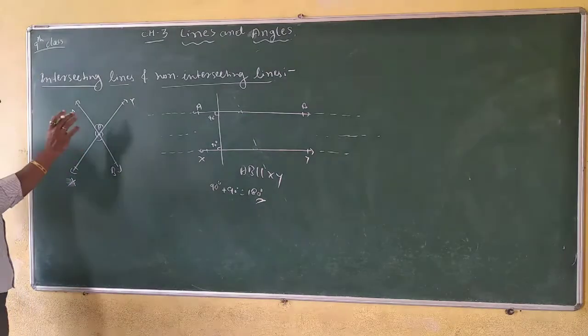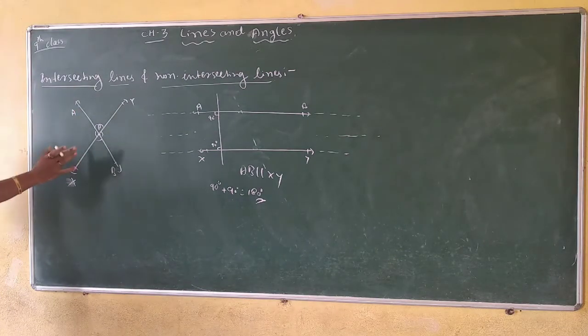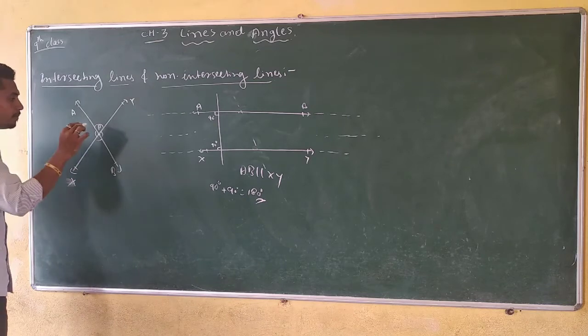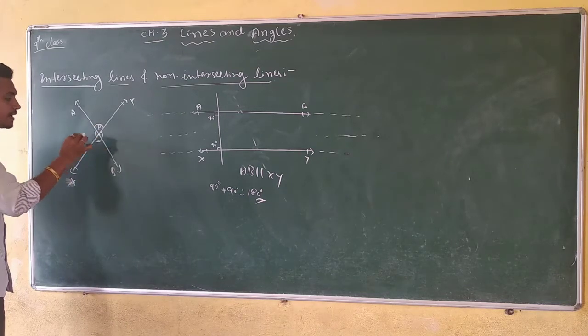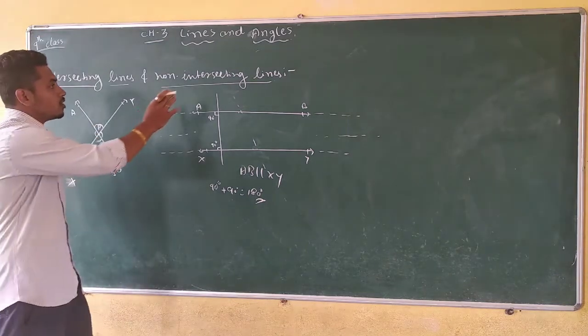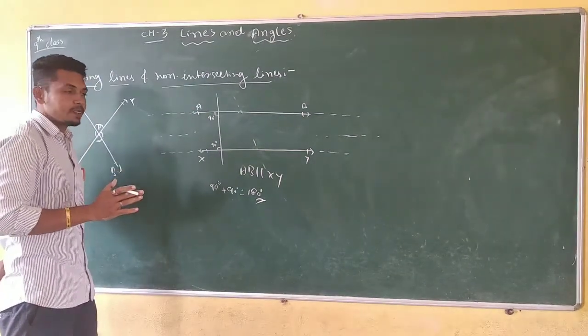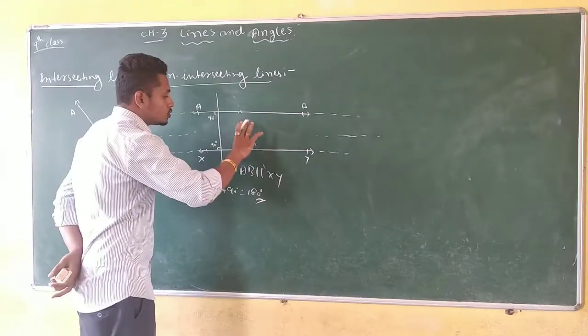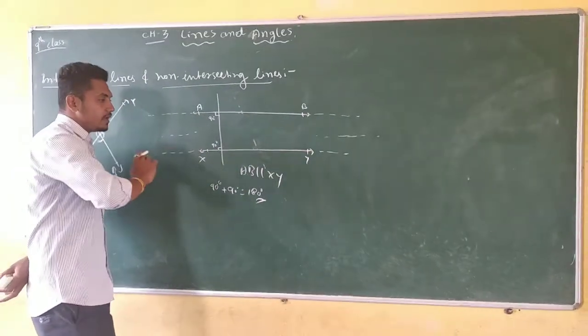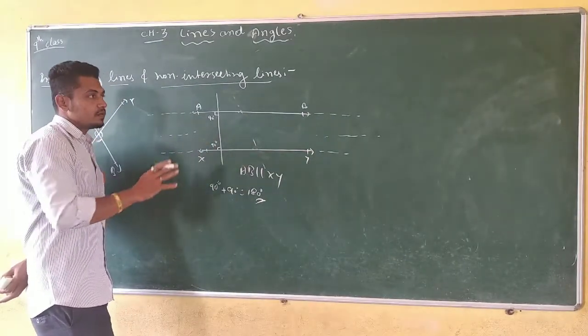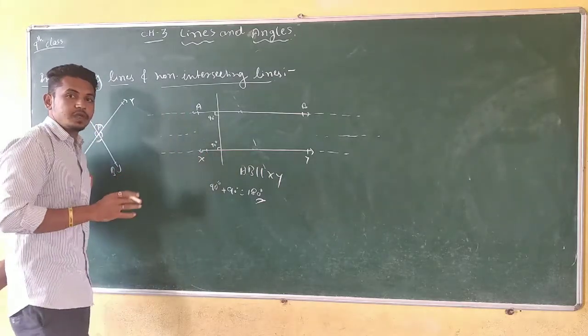So please remember, intersecting lines intersect each other and make some angles, and non-intersecting lines are always called parallel lines. If these two lines expand indefinitely, they never intersect each other.